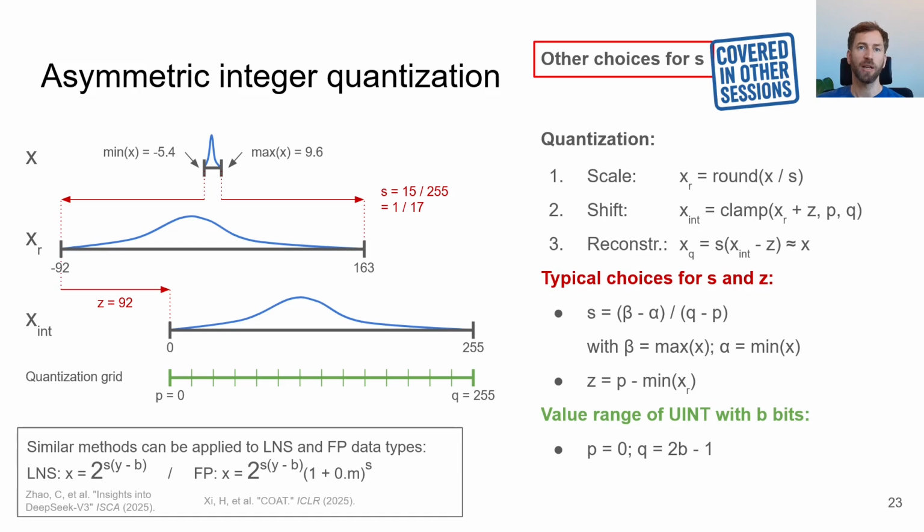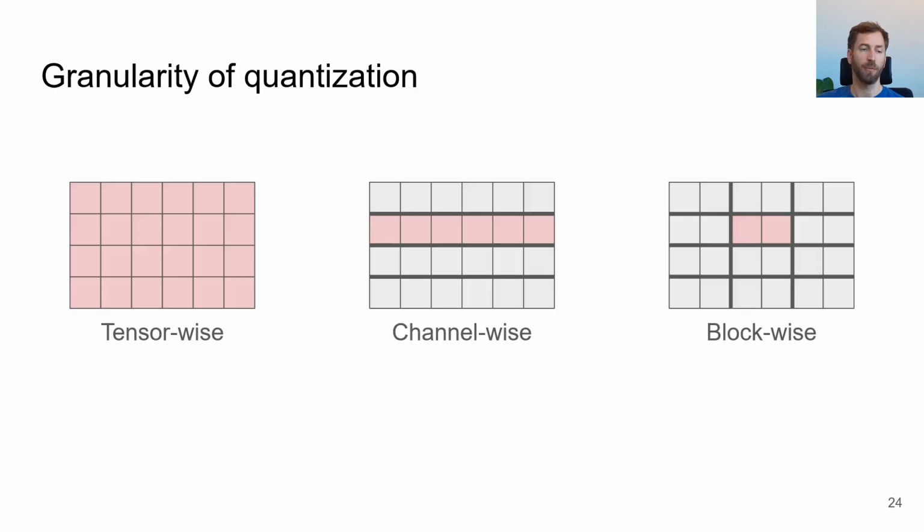And now the big question is, at what granularity are we quantizing? So we can do it at a granularity of a tensor, of a full tensor. This means all elements in the tensor share a single scaling factor or shift, also called 0 point.